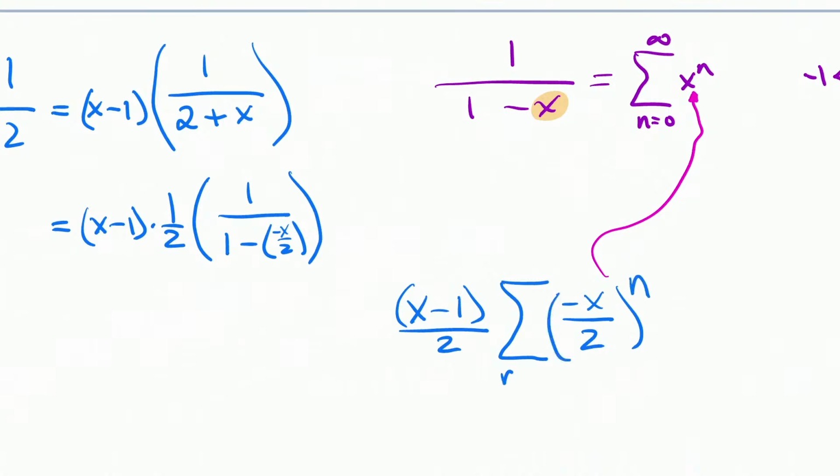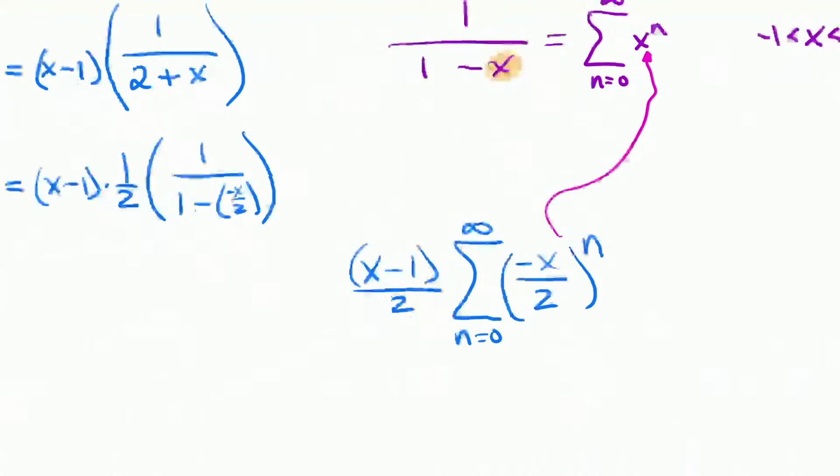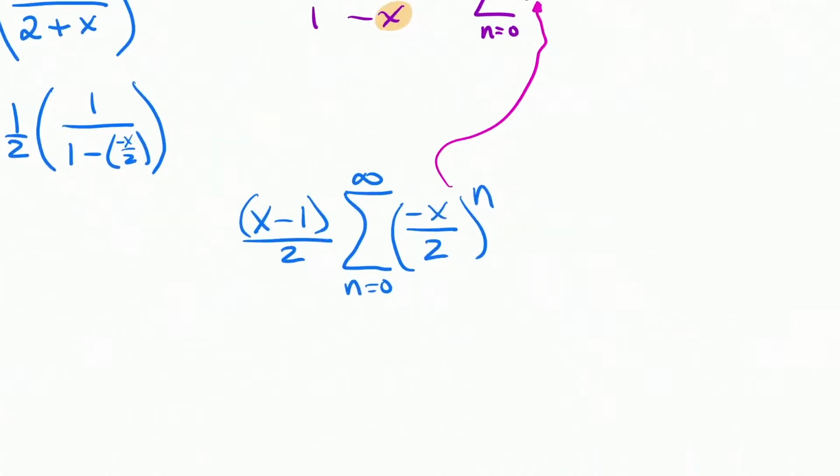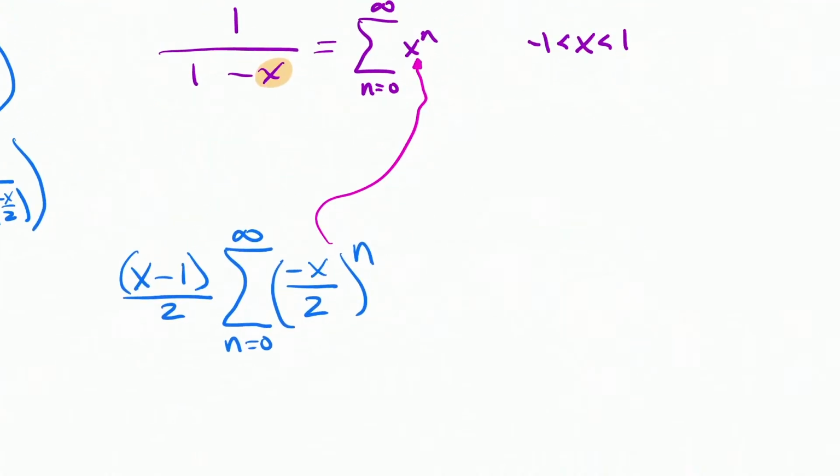There we go. Okay, let me clean this up a little bit, and then we're going to have to talk about that x minus 1, because that's the problem, isn't it? But before we go on, I'm going to leave off the negative: x over 2 has to be between 1 and negative 1, and so the interval of convergence is from negative 2 to 2, just so you have that.